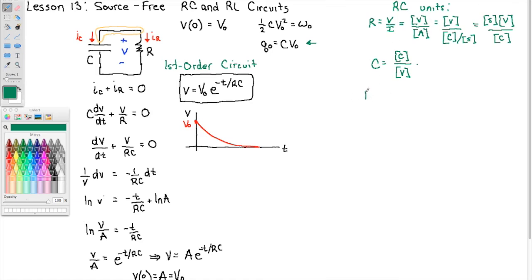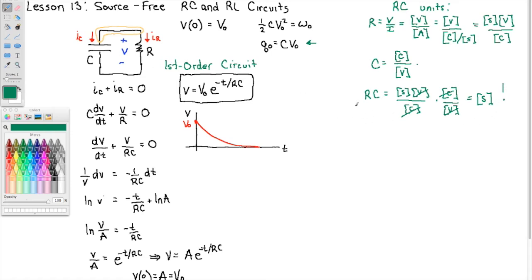So when we take R times C, the units, you'll see we've got the seconds, the volts, over the coulombs, that's R, times the coulombs over the volts. And so the coulombs cancel, the volts cancel, and the product of R with C is actually seconds.